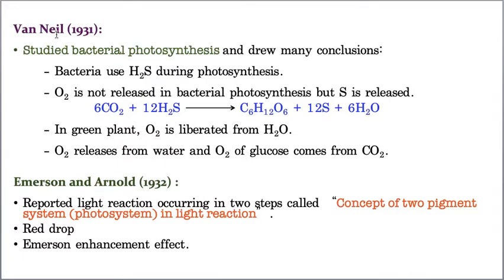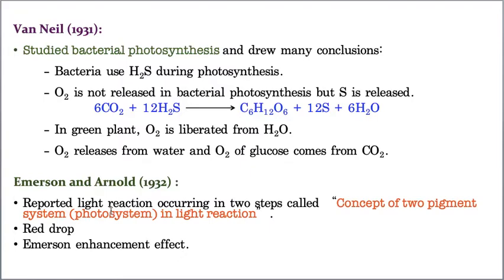Whereas the next one, Emerson and Arnold. So this is Emerson and also Arnold, but the major credit is taken by Emerson. They reported the light reaction. Photosynthesis is a complex chemical reaction.